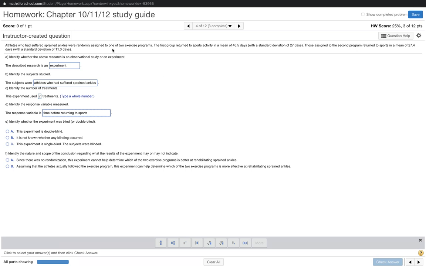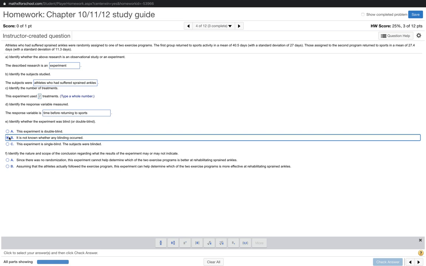So it doesn't say here whether the athletes knew which group they were in. We don't know whether there was blinding or not. It doesn't specifically say, so we can't answer whether it was single or double blinded.